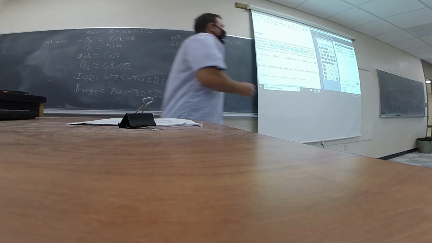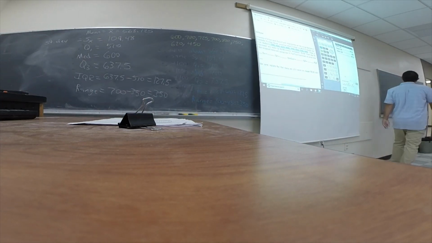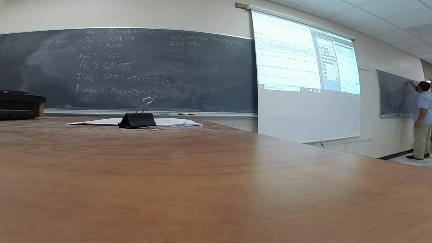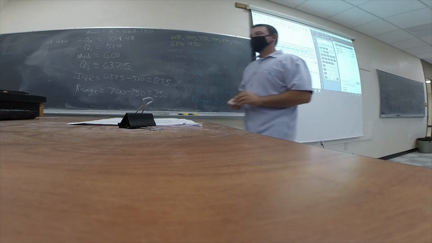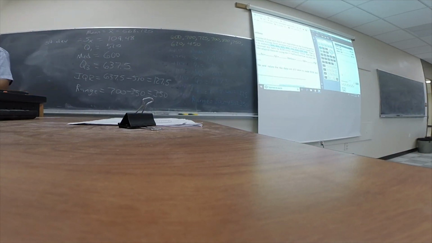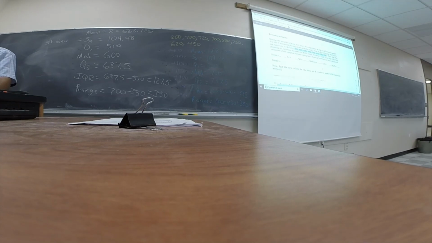Alright, so 812.5. 650. 437.5. So our new data set looks like that. So that's what I would put right here in that 25% range area. Okay?